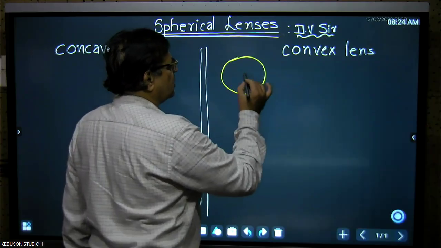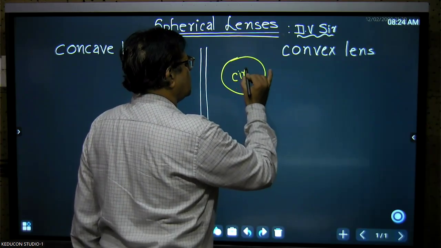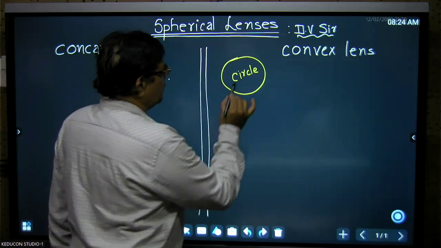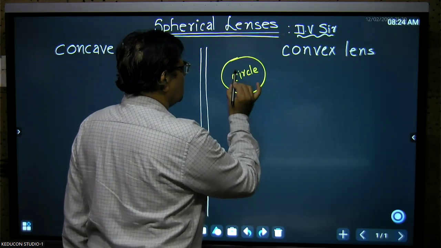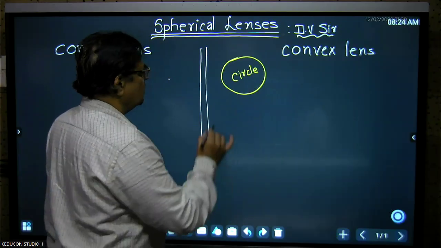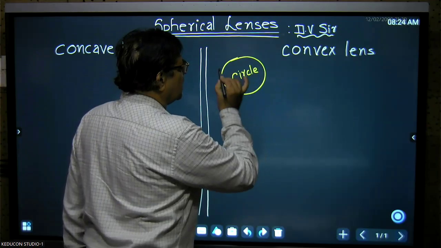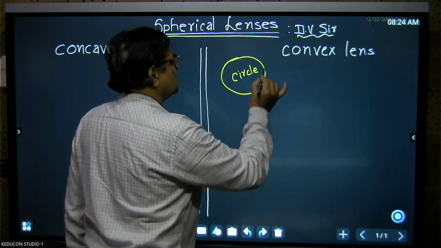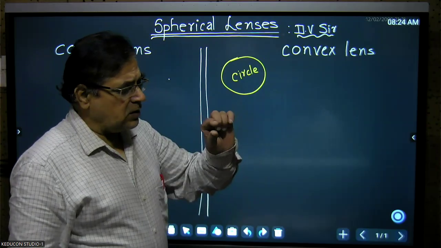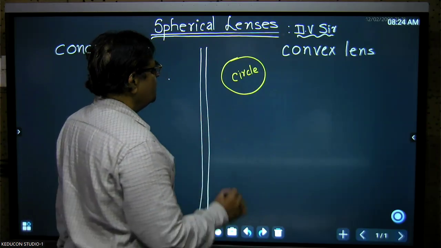So from the front, it appears like a circle. And one more important thing, from the central part of the circle, it is of more thickness. And from the boundary, periphery, circumference, edges, it is comparatively of lesser thickness.